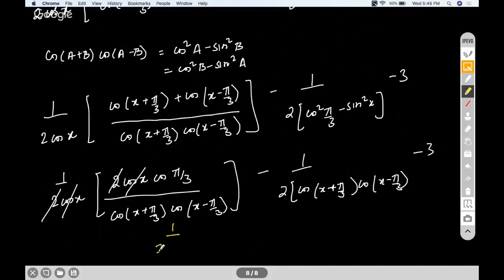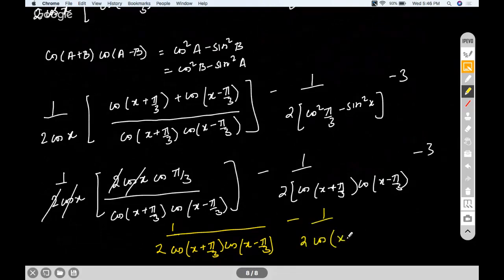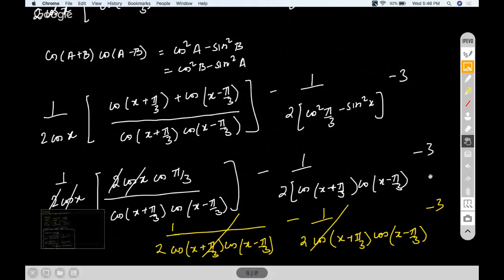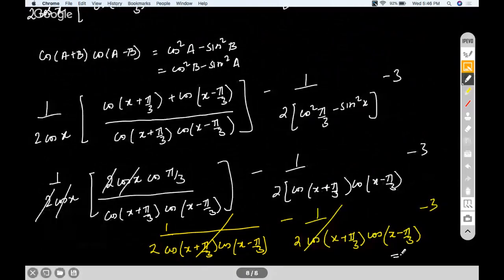So it's half of cos x plus pi by 3 into cos x minus pi by 3. And here also I have 1 by 2 cos x plus pi by 3 cos x minus pi by 3. These two terms will get cancelled off, and I will be left with 3 minus 3 as the answer. So your answer is minus of 3. So this becomes your answer.